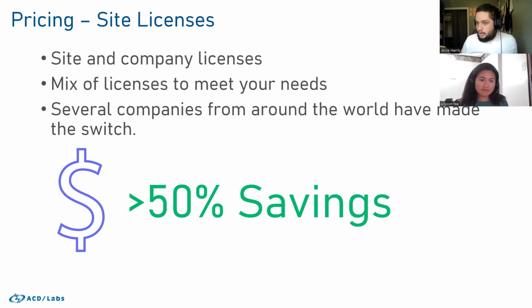Maybe not every user in your company needs access to Name or to Spectrus Processor. This is a way to get a mix of them, and several companies around the world have made this switch from other program packages to ChemSketch and have seen savings in excess of 50% compared to what they were paying before, particularly because you can get that mix of different products that is well designed and well suited for your particular company.